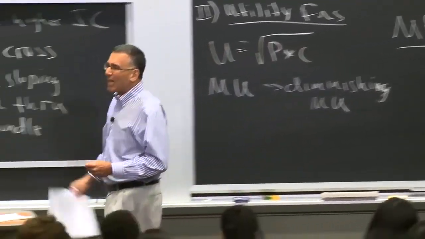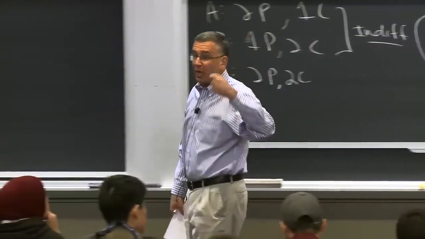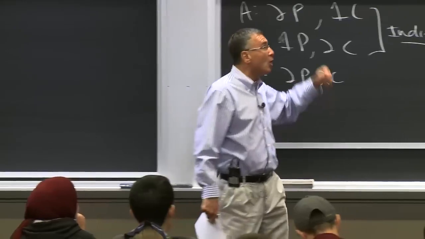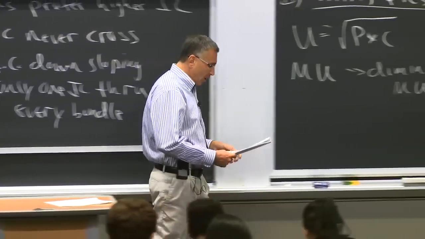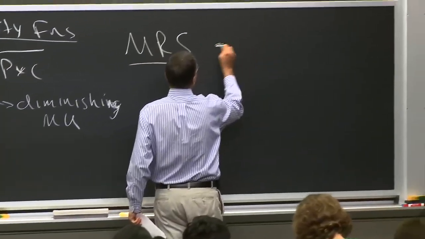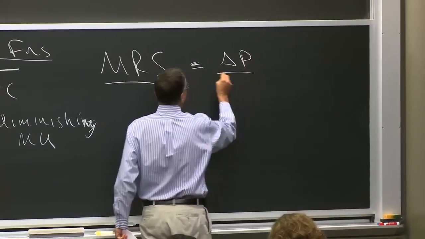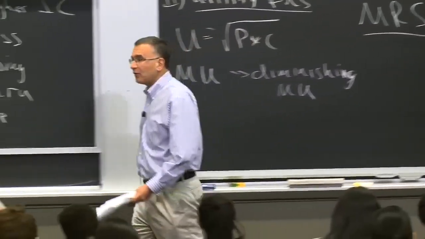The rate essentially at which you're willing to substitute one good for the other. The rate at which you're willing to substitute cookies for pizza is your marginal rate of substitution. And we'll define that as the slope of the indifference curve, delta P over delta C. That is your marginal rate of substitution.